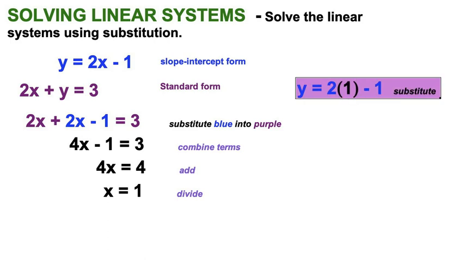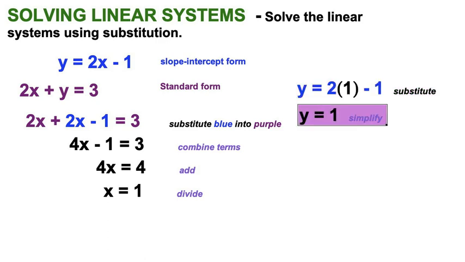Let's substitute that into either equation. I'm going to take the blue one, the first one, and substitute 1 in for x. I've got 2 minus 1, that's 1. That tells me that x is 1, y is 1. How easy is that?